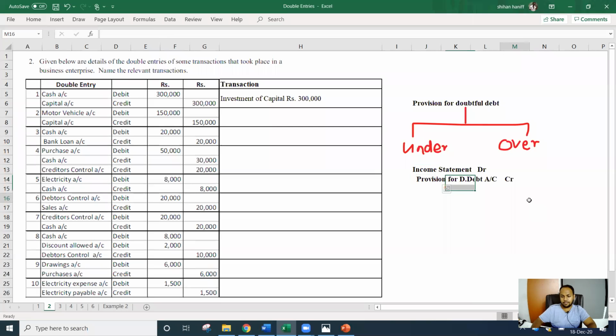Over provision is the reversal: provision account will be debit, income statement will be credit. So provision for doubtful debt double entry: income statement debit, provision for doubtful debt account credit. This is an asset reduction account.